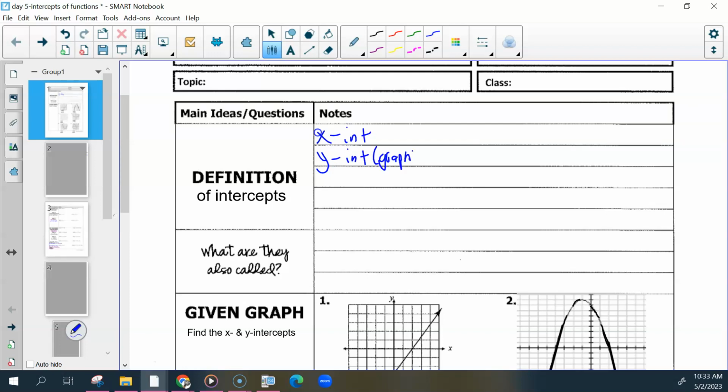Graphically. It's where your function crosses, touches, or intercepts the x or y axis.